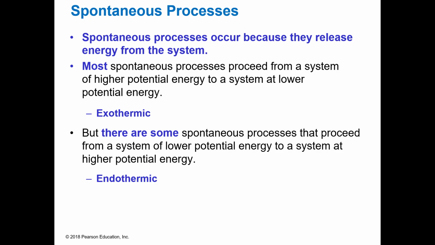The reason that a spontaneous process occurs is because it releases energy from the system to the surroundings. Most spontaneous processes are going to occur from high energy to low energy, and as you remember, that is exothermic, because it is going to give off energy. We talked all about that in Chapter 9.